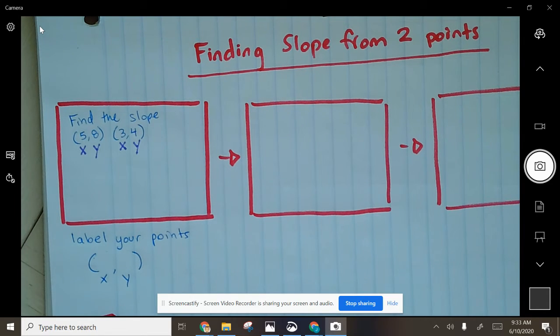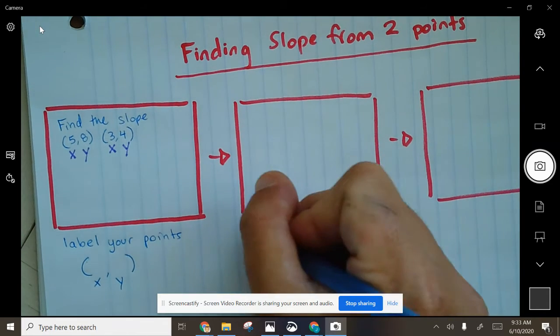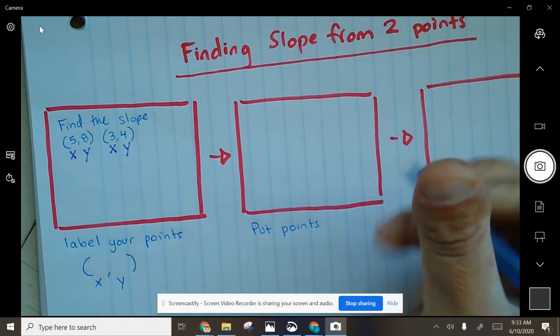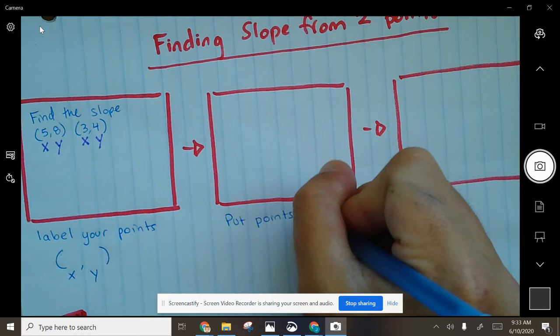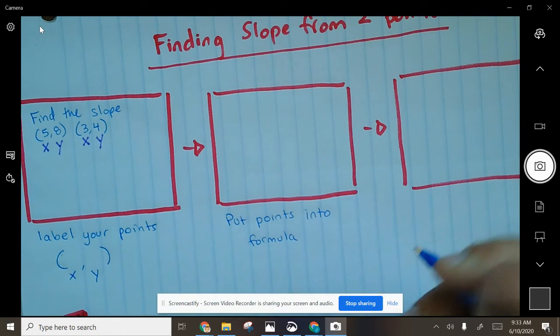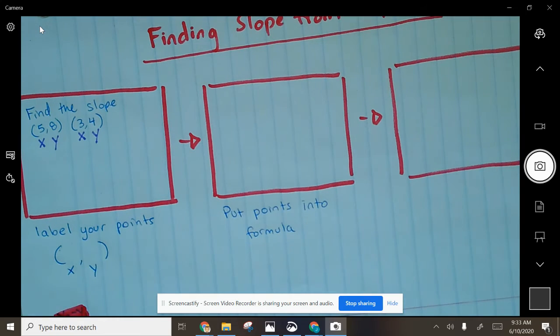So when you do that, I'm going to say put points into formula. And the formula is going to be right here.